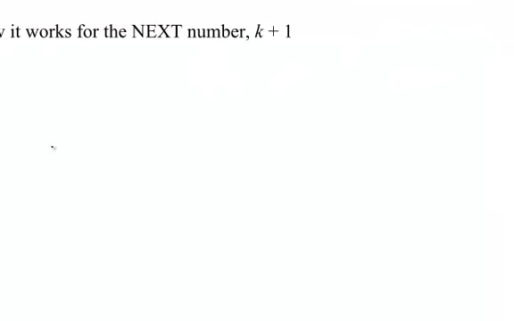So I had 2 to the k is greater than (k plus 1) squared. That's my induction hypothesis. So this will be 2 to the k plus 1 is greater than (k plus 1) plus 1, from the formula, squared. Okay.